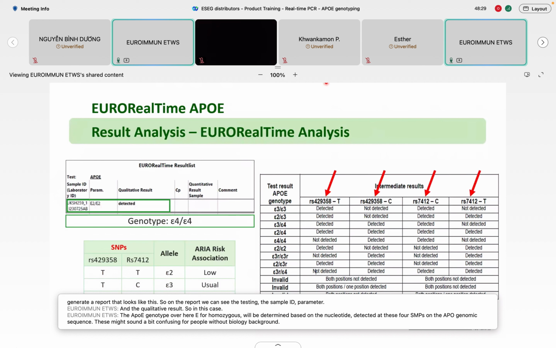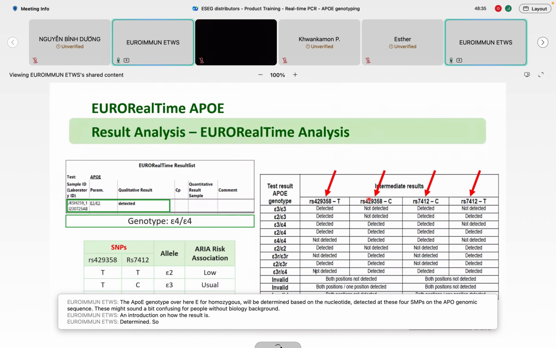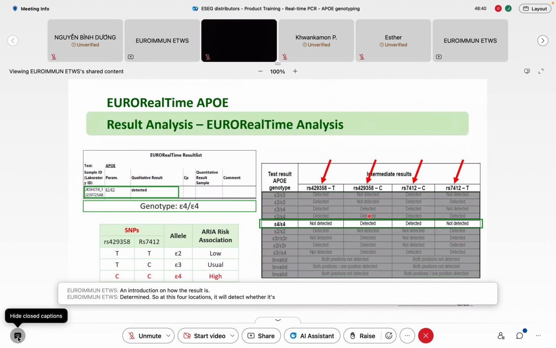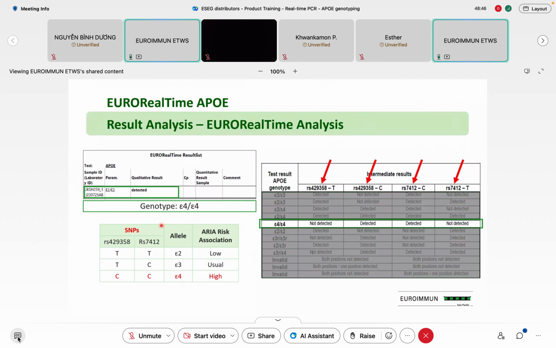Just an introduction on how the result is determined: at these 4 locations, it will detect whether the SNPs are detected or not, and then display the result that looks like this. Patients carrying the E4 allele will have a higher association to the risk of ARIA compared to E2 and E3.